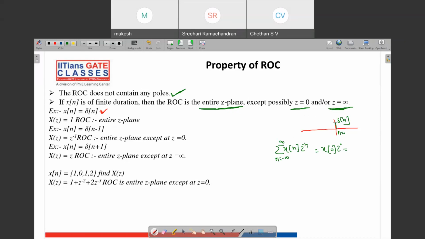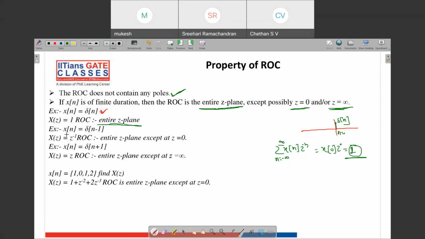And x[0] is equal to 1 because it is a unit impulse. So the Z transform of this impulse is equal to 1. Here you are not taking any help from z to make it converge, which means the ROC will be the entire Z plane. For all values of z, this Z transform is going to converge.